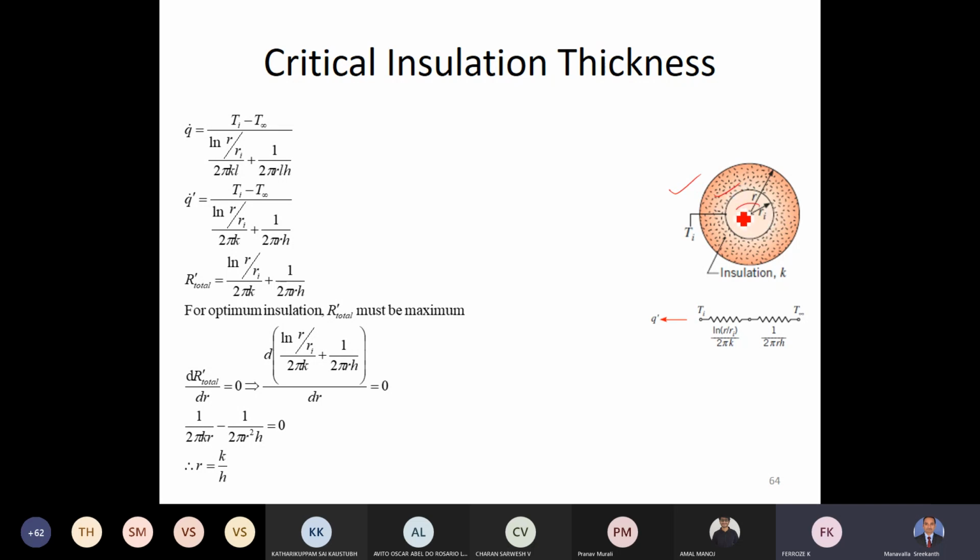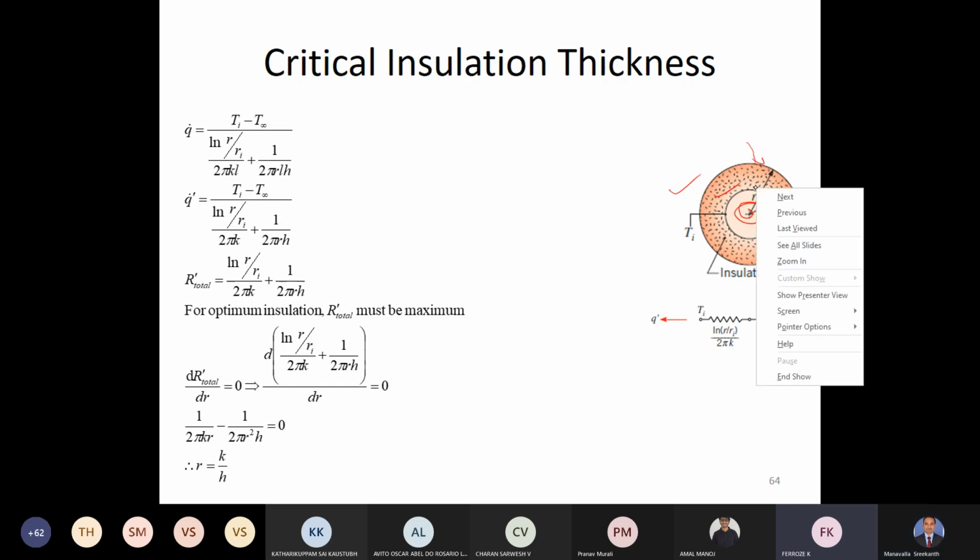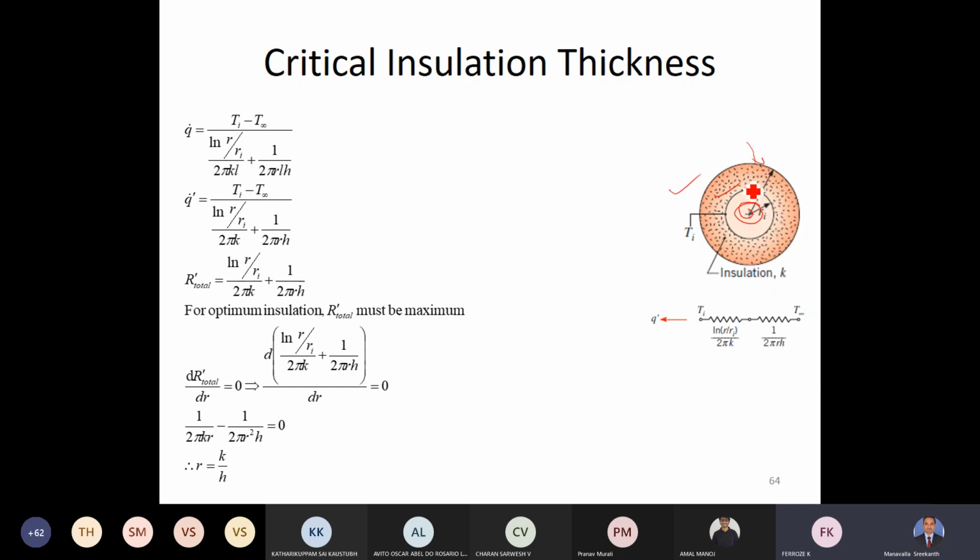Now we are not bothered about what is happening here as far as this critical insulation thickness is concerned, because our critical insulation is only from this point to this point. So we restrict ourselves to these limits. So outside there is convection, then there is a conduction resistance up to here. So let us not bother about the inside.